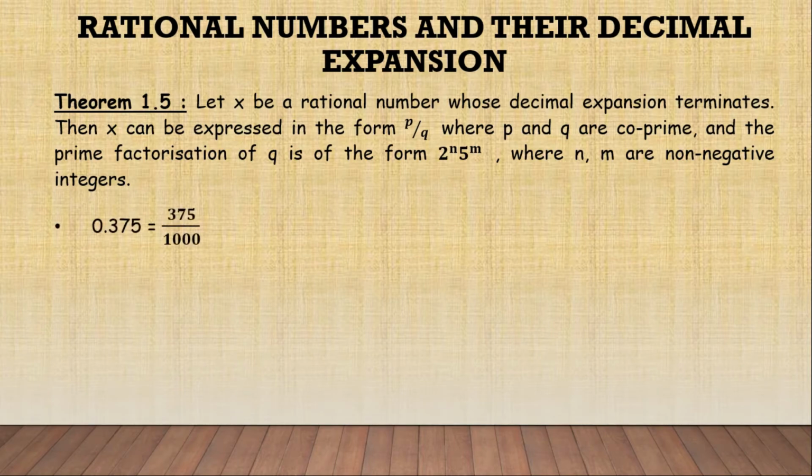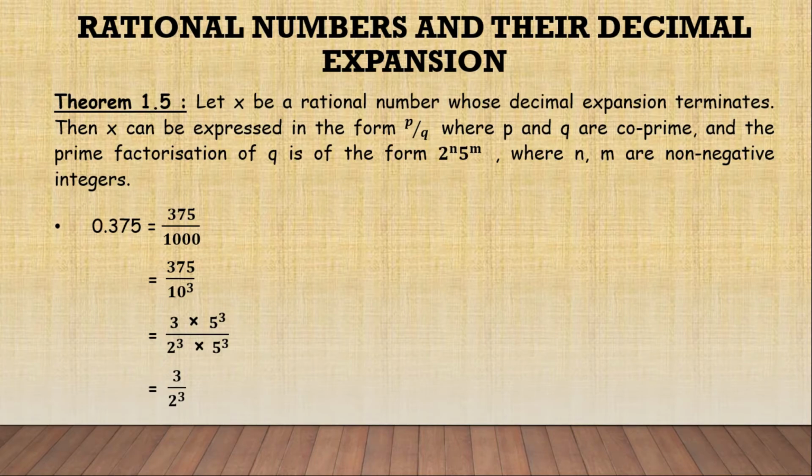For example, 0.375, which is equal to 375 upon 1000, or 375 by 10 cube, that is 3 into 5 cube upon 2 cube into 5 cube, or 3 upon 2 cube.